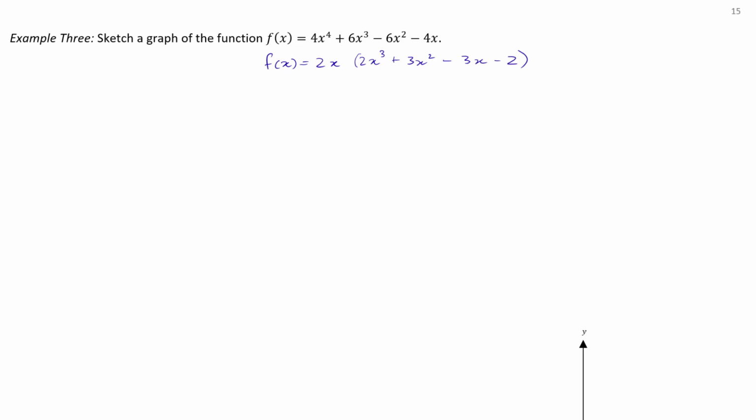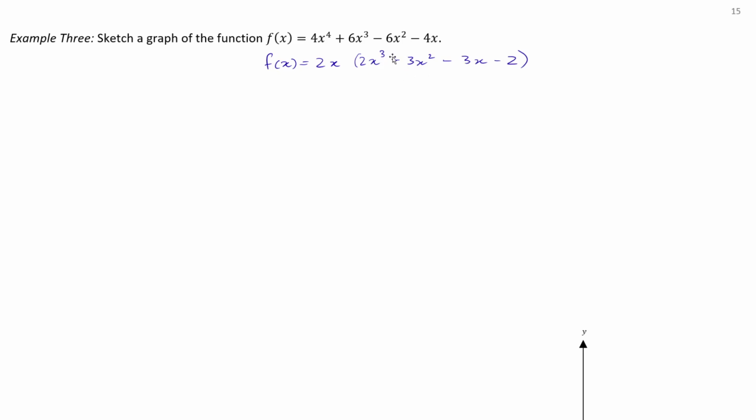So I know right now that the function is going to pass through 0, and it's going to pass through 0 in a linear manner, right? But I have this cubic here, and I don't know what the zeros are for this cubic. So in order to find the zeros for this cubic, I'm going to see if I can factor this.